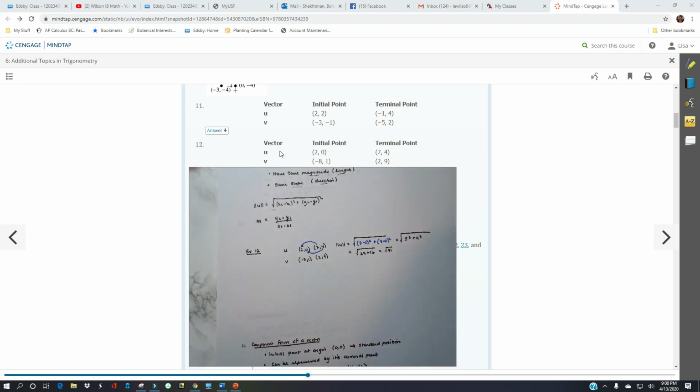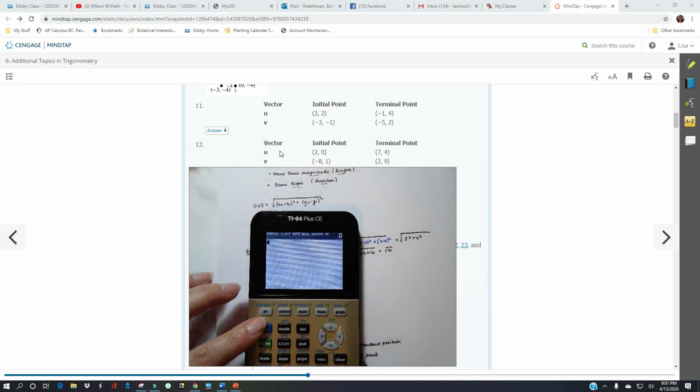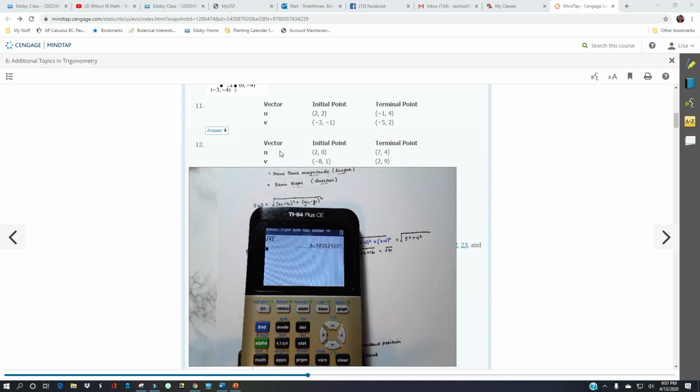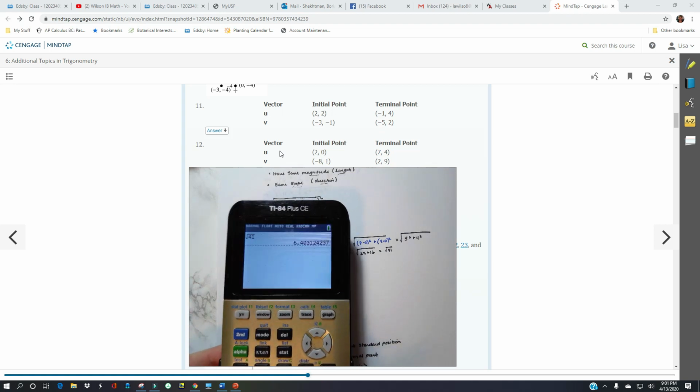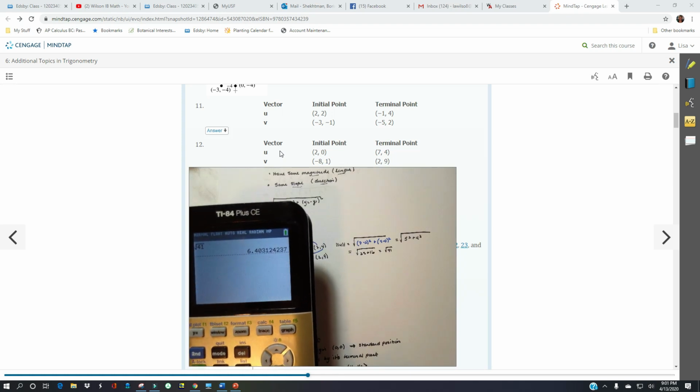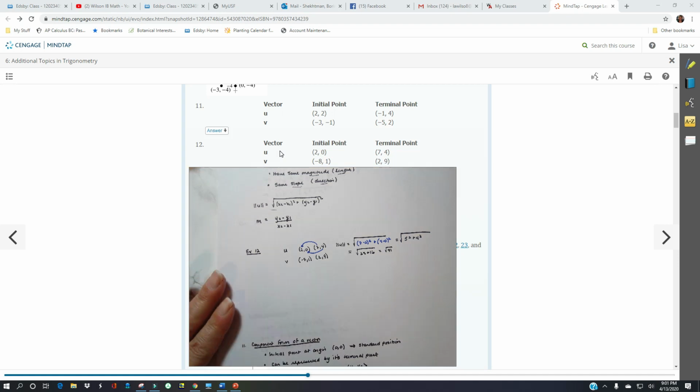I have my calculator, which you all will have. You can't simplify that, but to get an idea, maybe if you're wanting to know the length and you have the units, you could just pop that into your calculator, and maybe this is in centimeters or something, then you can get an idea that's about 6.4 centimeters. But that's it, you're done.